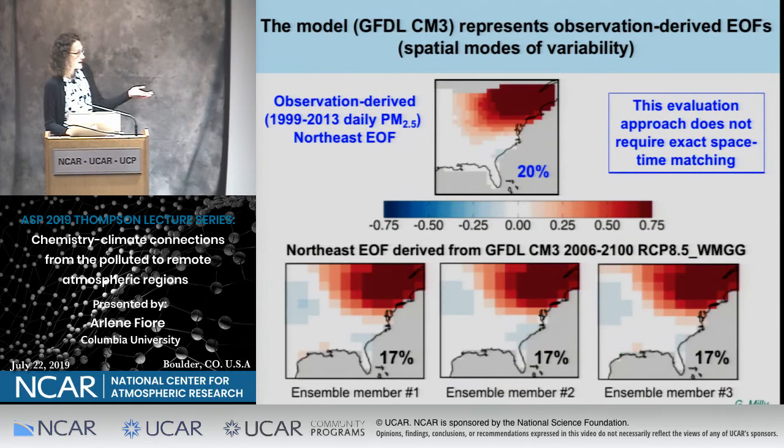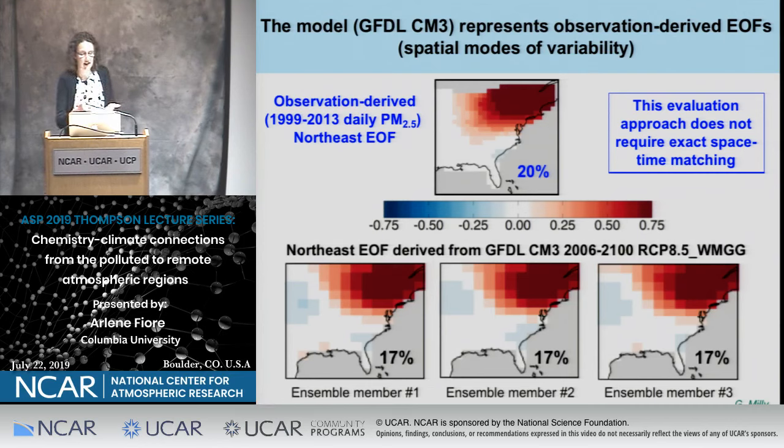Okay, so the next thing we did is to just take the model daily PM2.5 fields, and I should have emphasized that we're only looking at summertime for this study. So we're looking at every summer from 2006 to 2100, and we run this EOF analysis, and we have 3 different ensemble members, which means that everything is the same except the initial conditions.